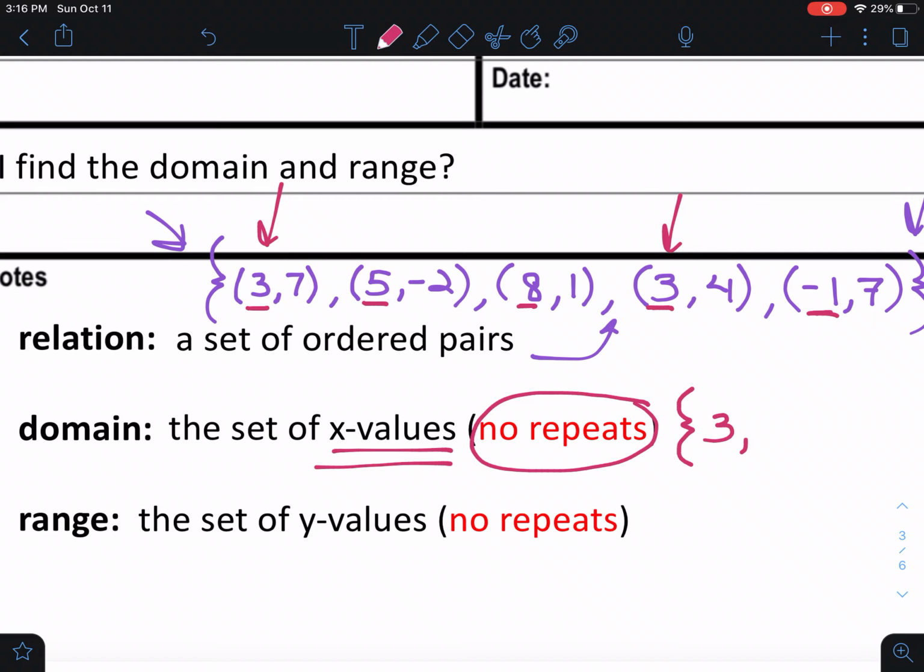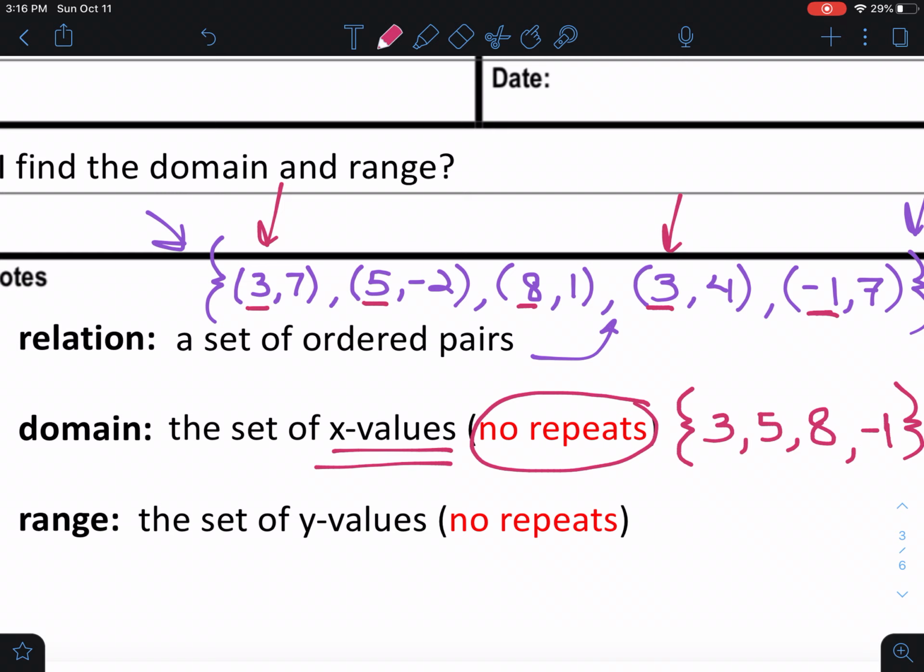Notice I did a set bracket there, comma 5, then 8. I'm not going to write 3 again because I already have it, and then -1. And then close my set with those weird squiggly brackets. Okay, so that's domain, your set of x values.